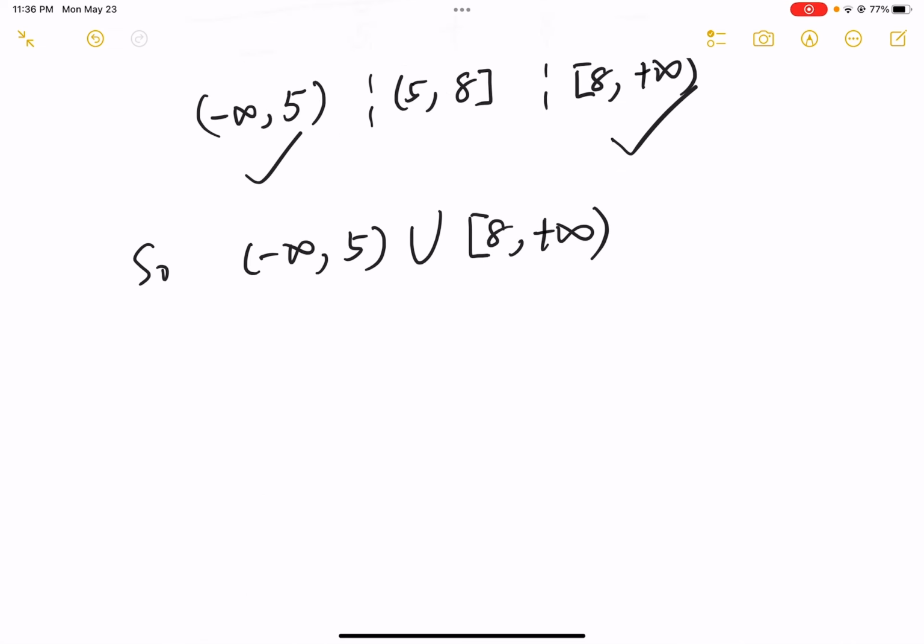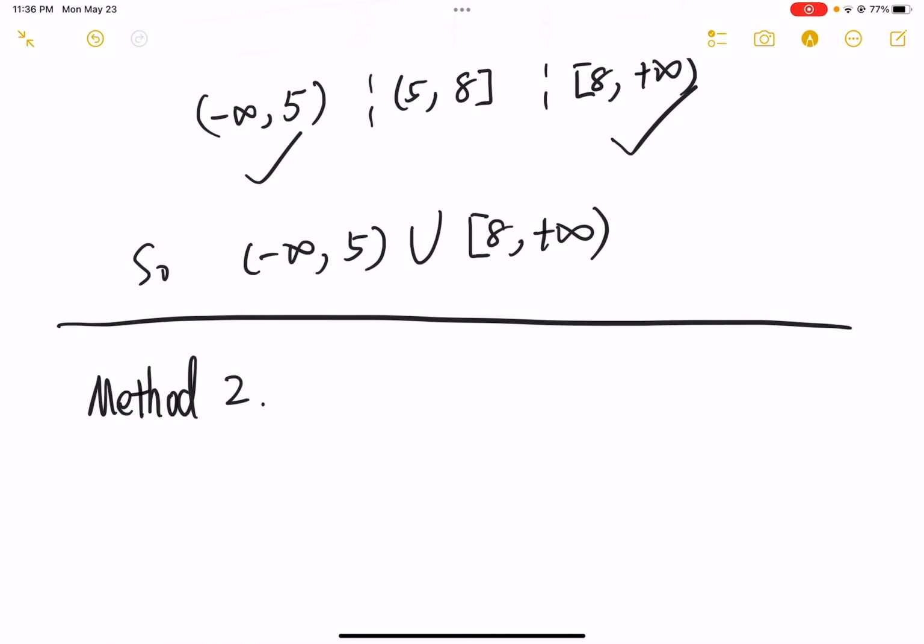But there is another way, which is not mentioned in our textbook, but I still want to introduce here, which is similar to the graphing method.